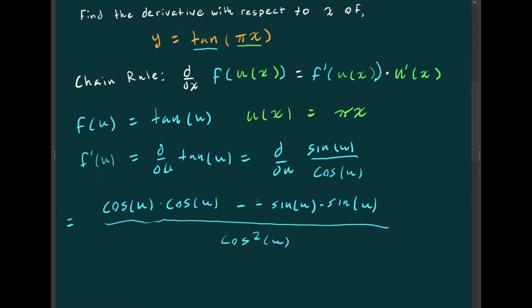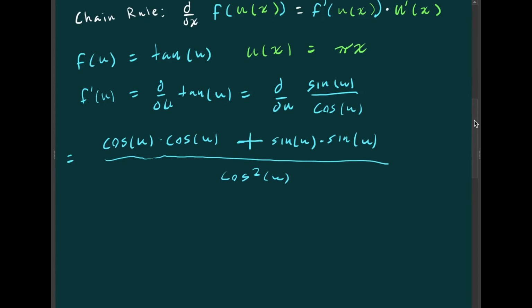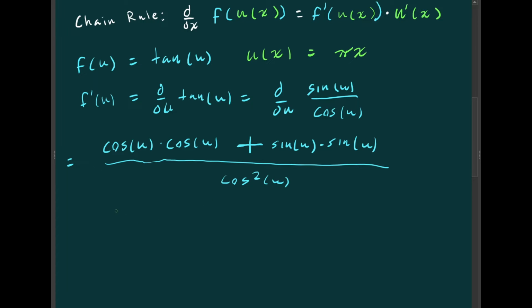Now, these negatives are going to cancel out and become a plus. Then over here, this is going to become cosine squared u. These two multiply together, plus sine of u times sine of u, which is sine squared u, divided by cosine squared of u.